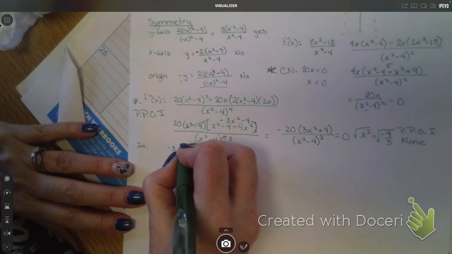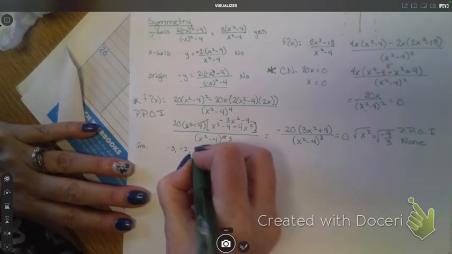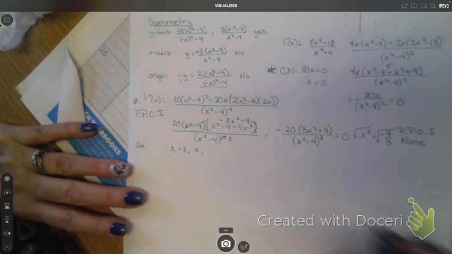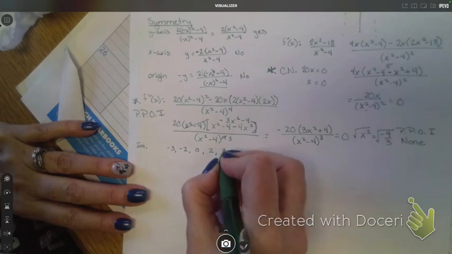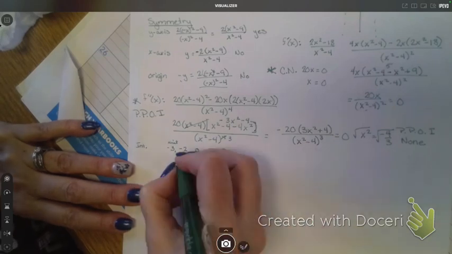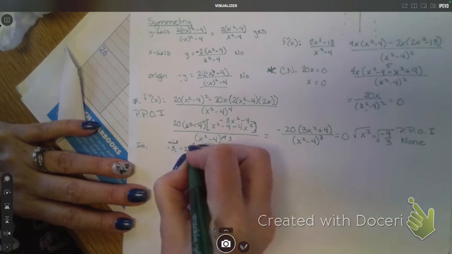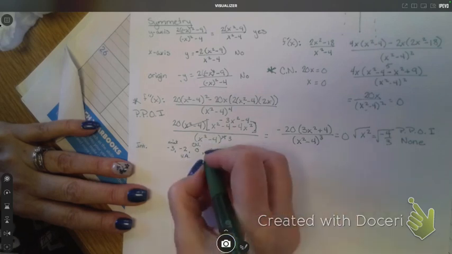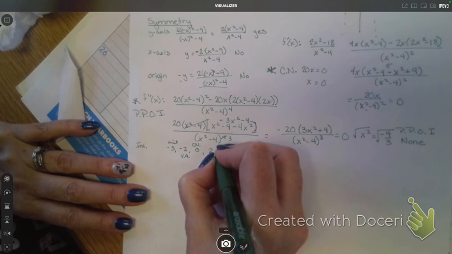And then? 0. 2. And 3. So this was an x-intercept. This was a vertical asymptote. This was a critical number. This was a vertical asymptote. And this was an x-intercept.